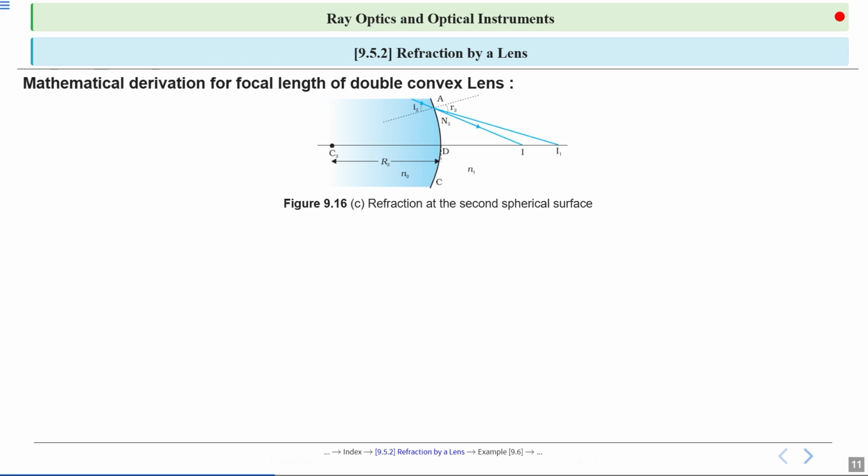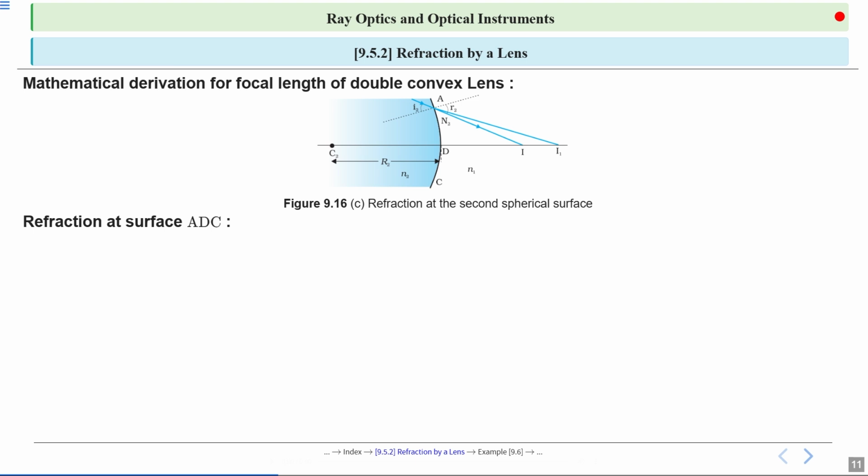After refraction from this point, it will meet at I. So this is the image I1 formed if ADC were not present. It is the intermediate image, or we can say the virtual object for this surface. This is not an actual object, this is a virtual object for this surface.